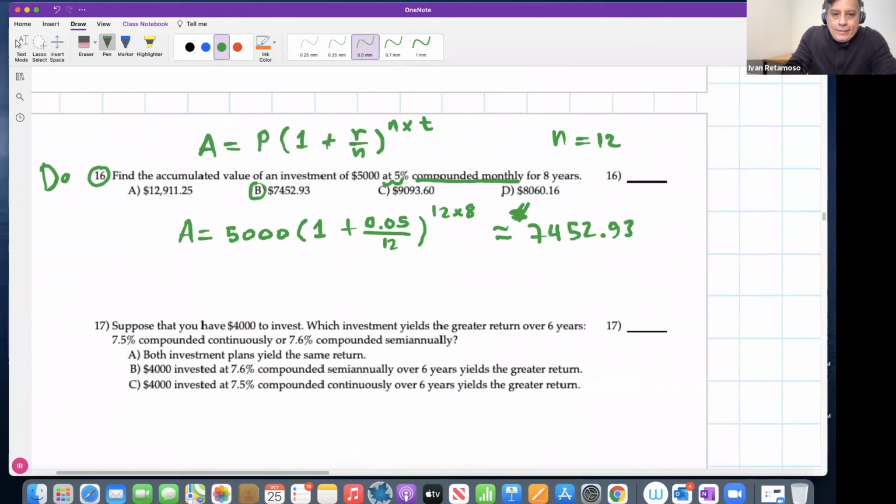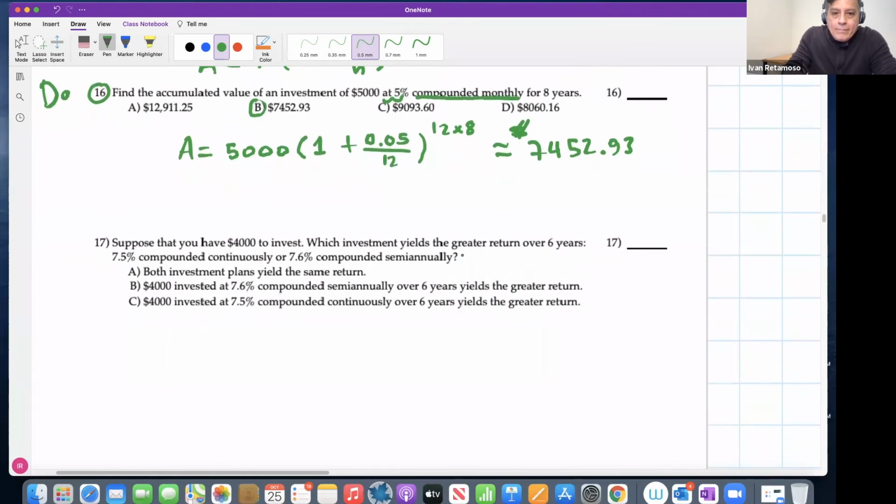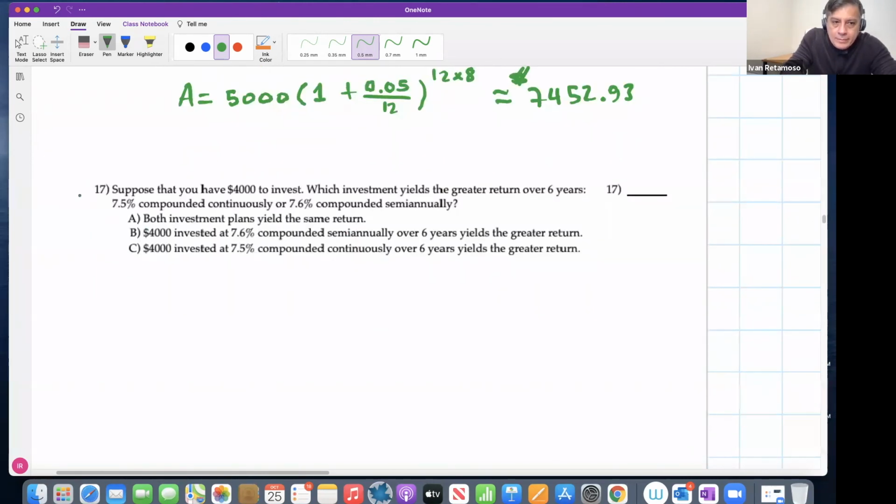Now, sometimes you may have to compare these two types of interest, the one done continuously versus the one done over some finite number of times within a year. So what do you mean, Professor? Comparison. Look at 17, for example. Let me show you 17.